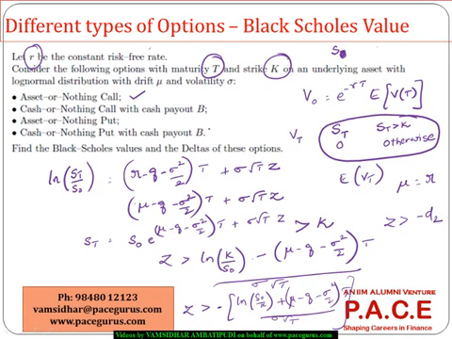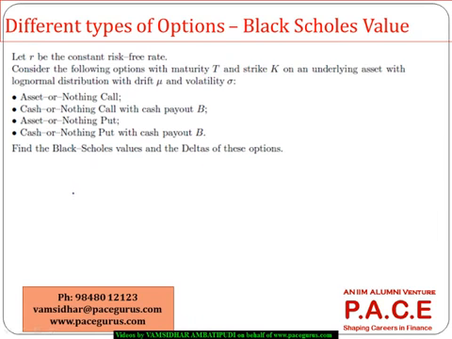So all it works out to is, if I want the price of the call option, I'll take it as e to the power minus rT divided by the square root of 2 pi, times the integration from minus d2 to infinity.